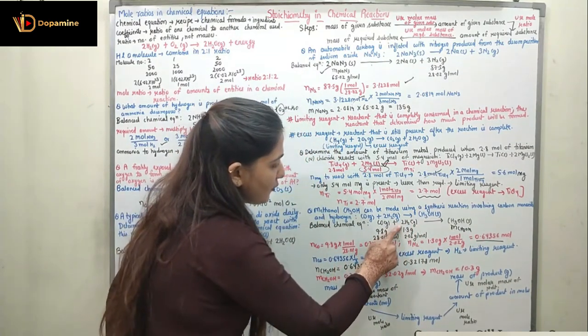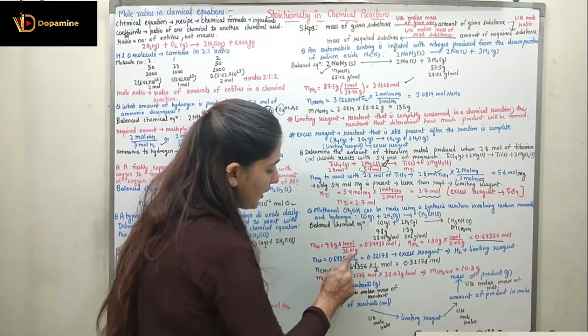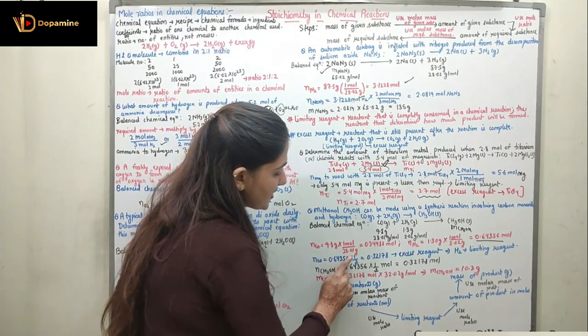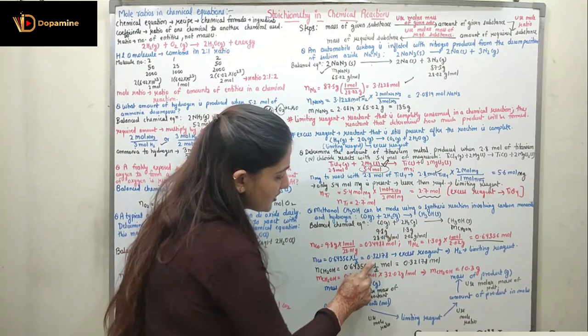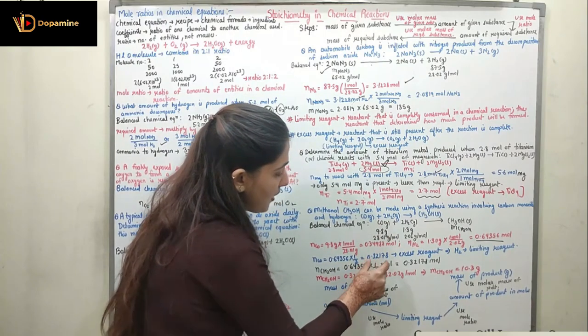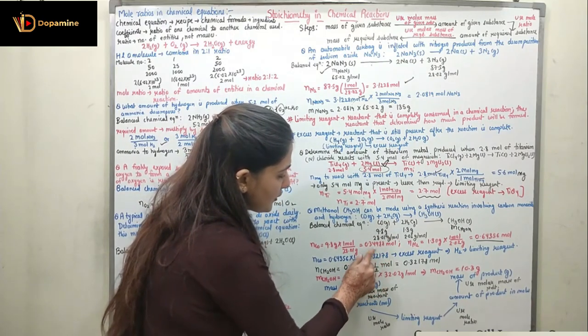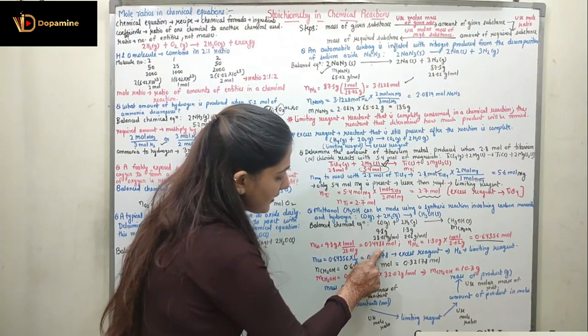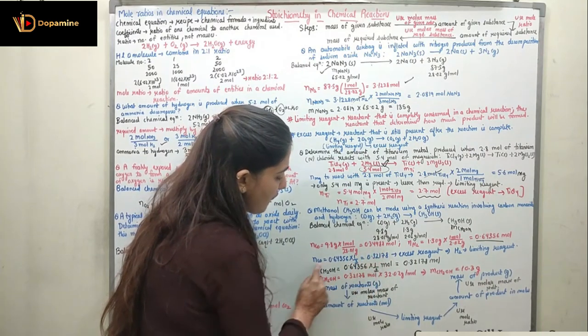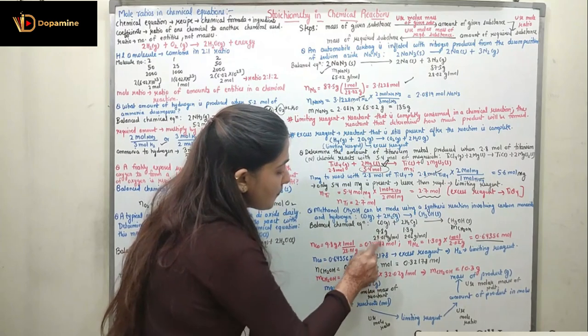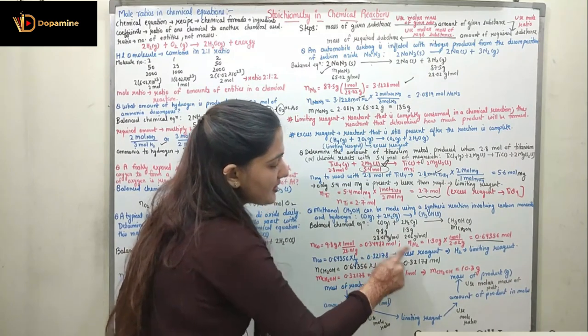So here we have the coefficient 2, here we have the coefficient 1. So 0.64356 multiplied by 1 by 2, which is 0.32178. What is the number of moles present over here? 0.34988. Right, so number of moles of carbon monoxide present is more, so it is the excess reagent.